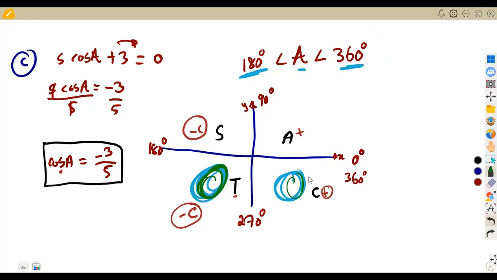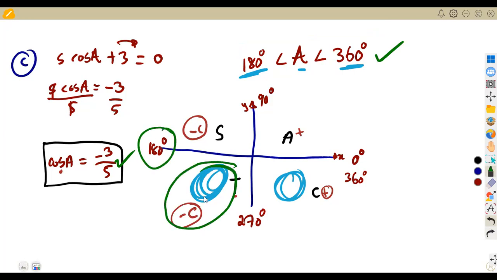Now we are saying cos is negative, and we have got this region and this region. Where do we have a condition satisfied by both, where cos is negative and also our angle is between 180 and 360? We are going to see it satisfied in this quadrant, that is from 180 to 270 degrees.